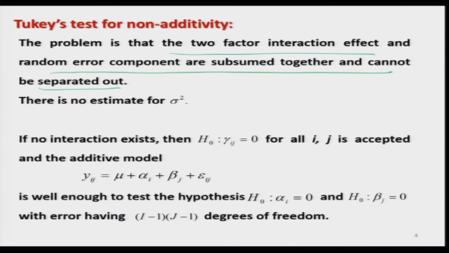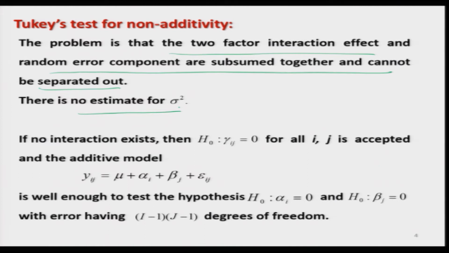So, what we had done, we simply merged the interaction effect and random effects together, and because of that there was no estimate of sigma square, because we had only one observation in a cell.